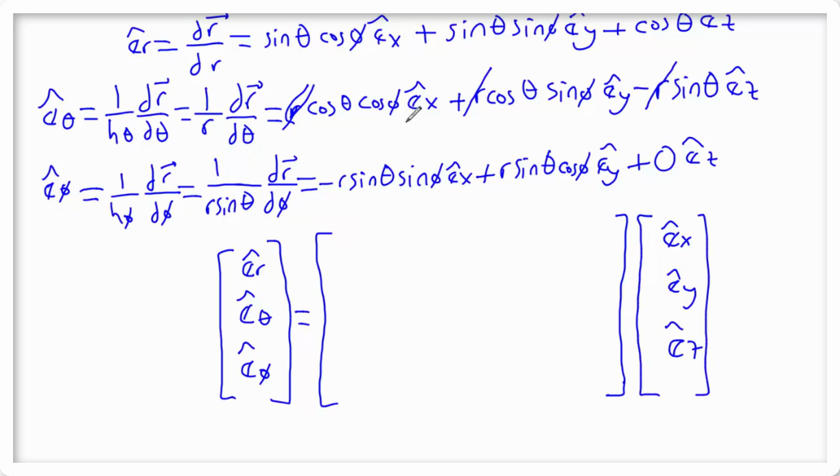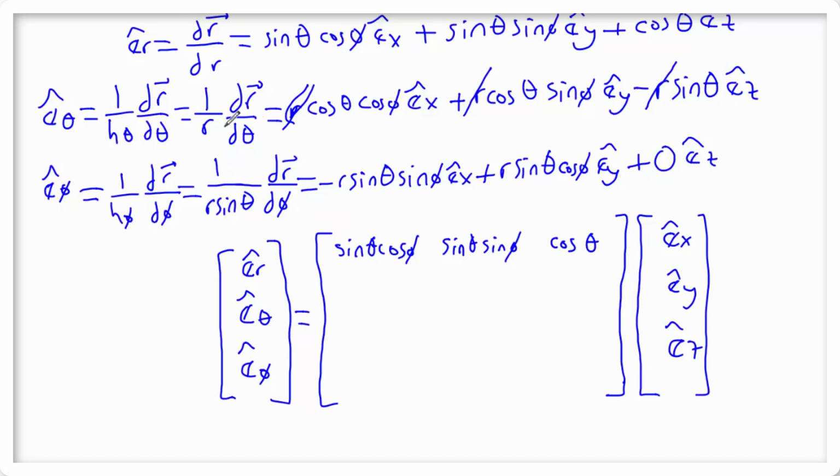Okay, fine. Again, in exact products, er is equal to sine theta cos phi multiplied by ex. So I wrote the sine theta cos phi, which will be multiplied by this ex. Then sine theta sine phi to be multiplied by ey, cos theta to be multiplied by ez.